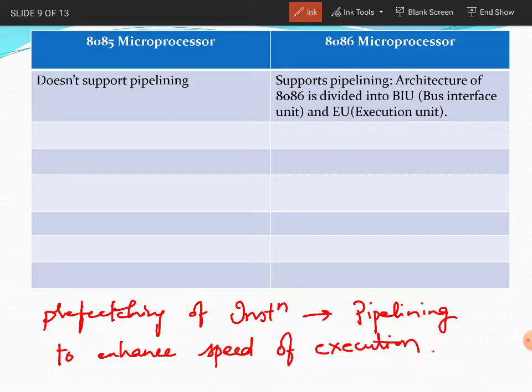The pipelining concept is not supported in the 8085 microprocessor, whereas in the 8086 microprocessor, it is evident from the architecture that it supports the pipelining concept. Why? Because the architecture is divided into 2 units, the bus interface unit and the execution unit.